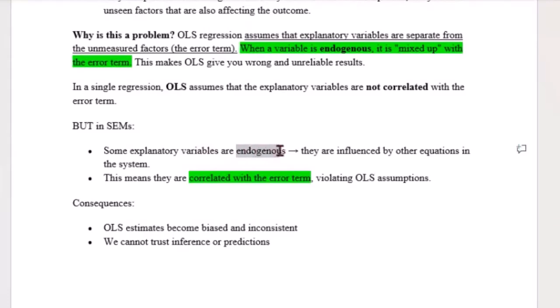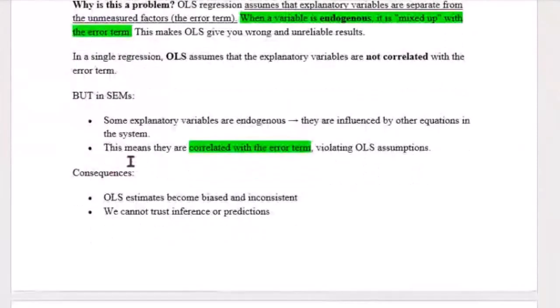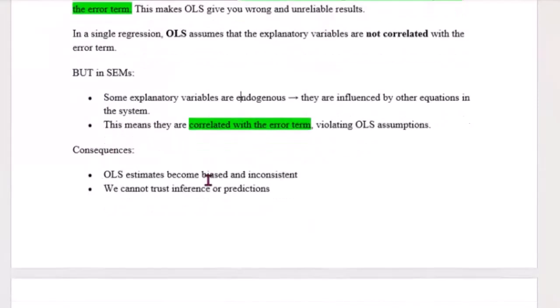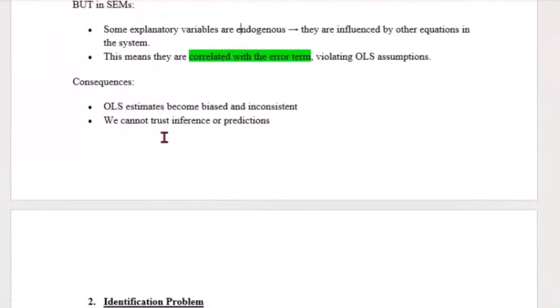This means they are influenced by other equations in the system, so they are correlated with the error term, which violates the OLS assumptions. Therefore, the consequence is that OLS estimates become biased or inconsistent, and we cannot trust the results, the inferences or the predictions of OLS.